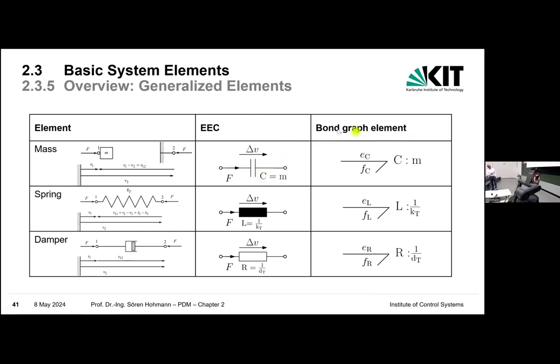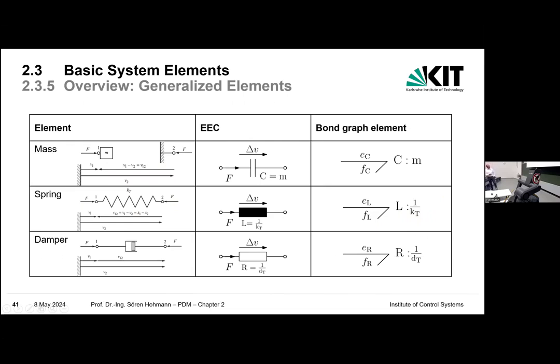So same for electrical equivalent circuits in the mechanical domain, here translational. A capacitor corresponds to a mass, a movement of the mass, so it's kinetic energy which is stored there. A spring is represented by means of an inductor with a specific inductance, and the inductance is given by 1 over the spring constant.